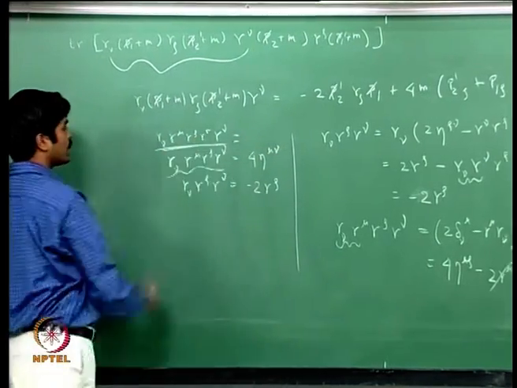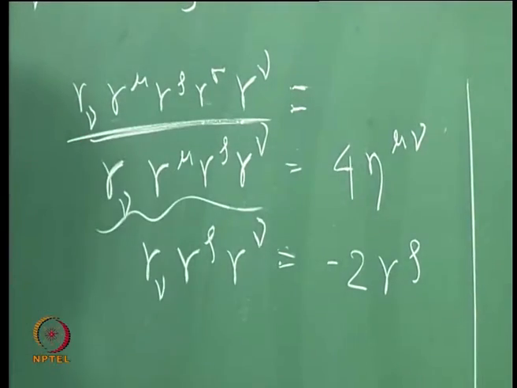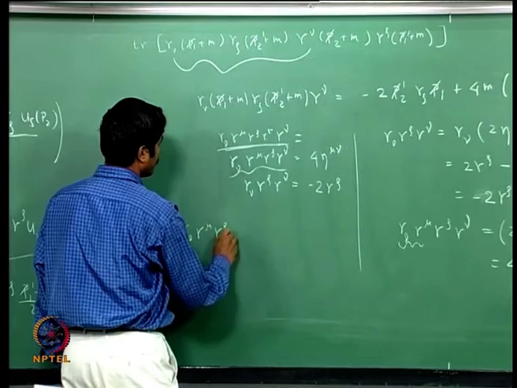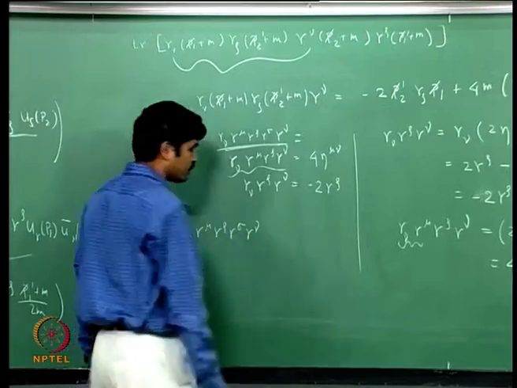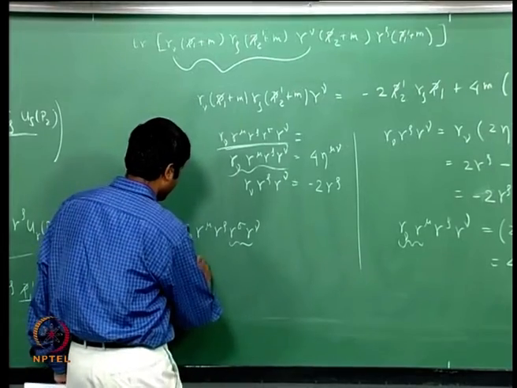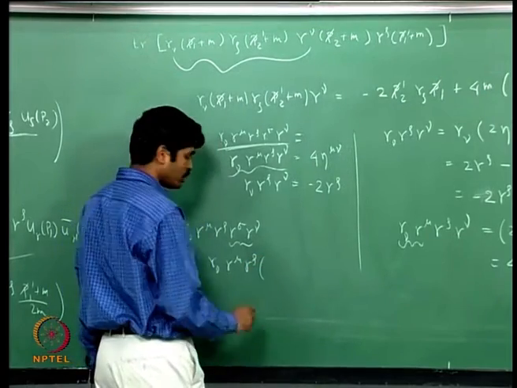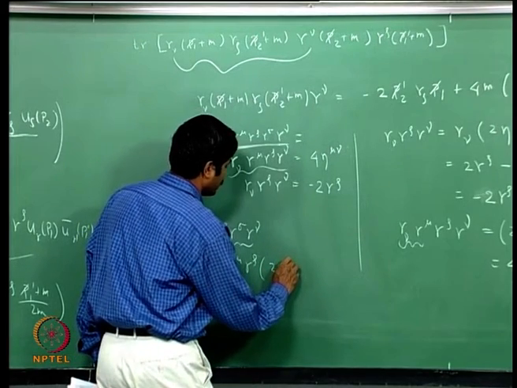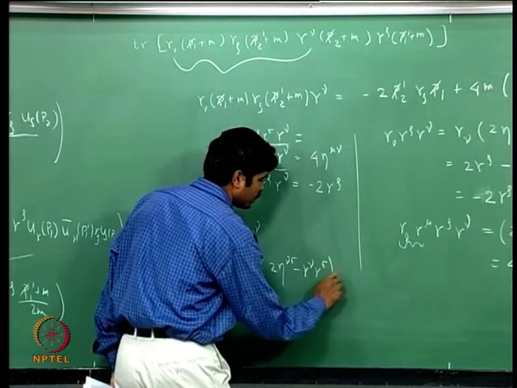Now, we can easily evaluate the first term here. So, what is the first term? You consider gamma nu, gamma mu, gamma rho, gamma sigma, gamma nu. Now, you flip the last two gamma matrices, that will give you gamma nu, gamma mu, gamma rho times twice eta nu sigma minus gamma nu gamma sigma.